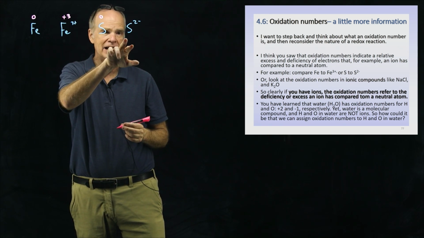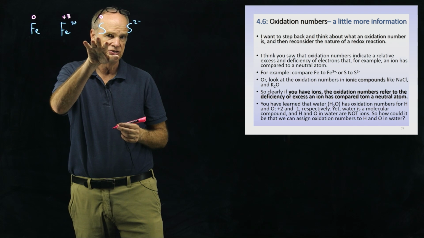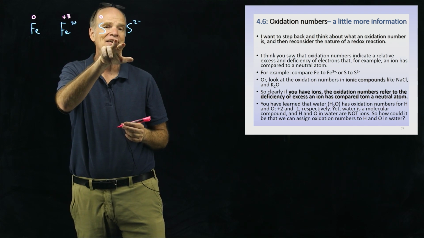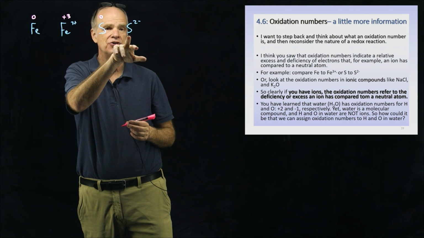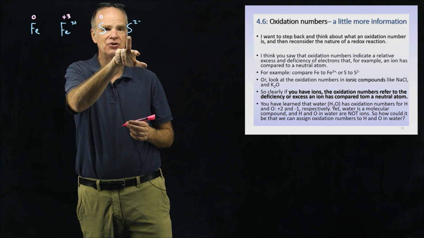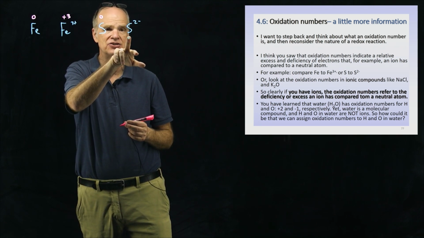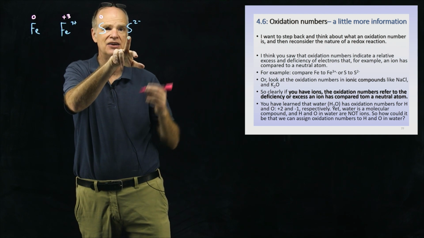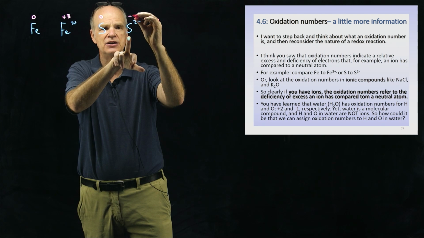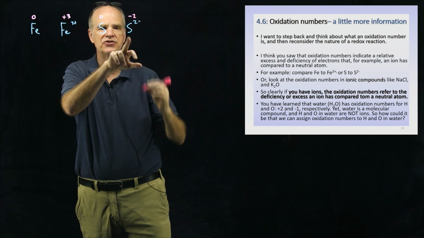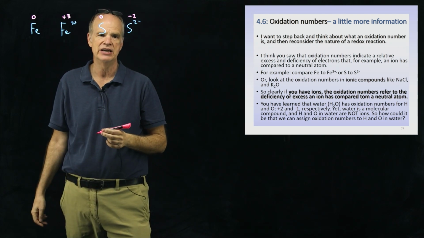Well, the sulfide anion you get when you take the neutral sulfur atom and add 2 electrons, add 2 negative charges to the atom to give you the sulfide ion. And so it has 2 extra electrons, and we want to indicate that in the oxidation number. If it has extra electrons than normal, we put a negative here, and it has 2 more electrons than normal, so its oxidation number is -2.